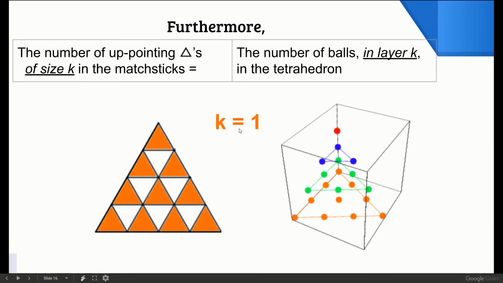This is k equals 1. So over here, I want to take the balls in layer 1, which is 4 plus 3 plus 2 plus 1. There are 10 orange balls in the base. And over here, we also have 4 plus 3 plus 2 plus 1. It's a beautiful thing.